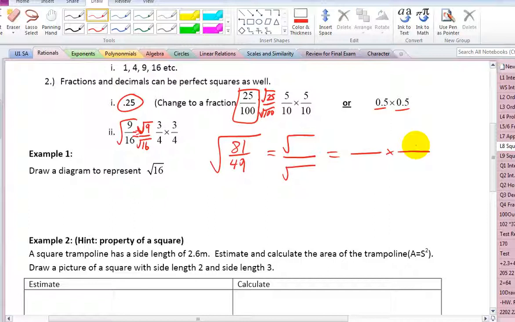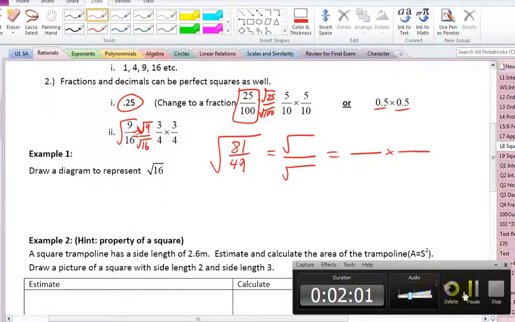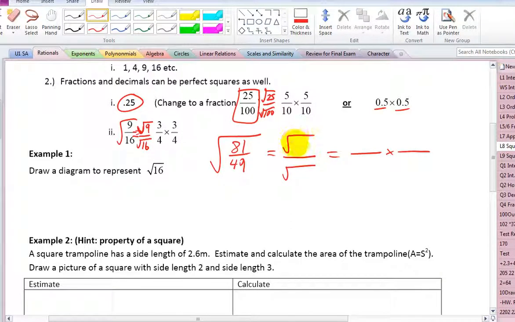Fill in the blanks. So this would be root 81 over root 49, and then you'd have 9 over 7 times 9 over 7.